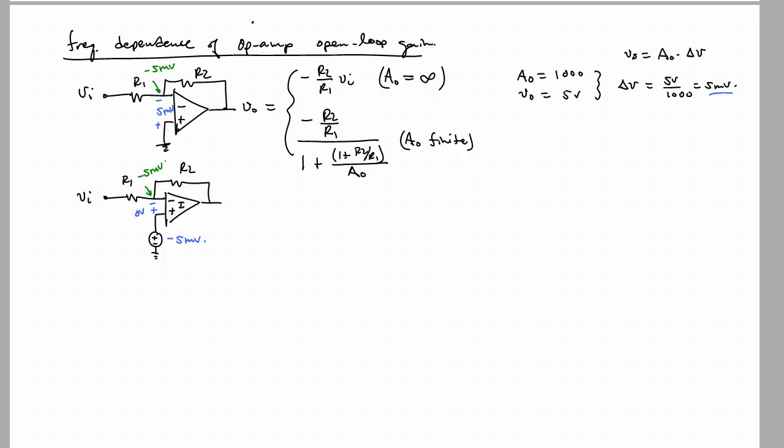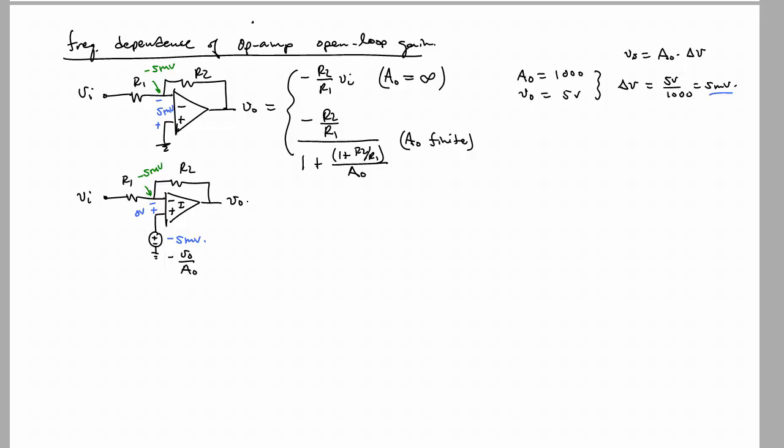So the only way we can do that is to set the non-inverting input to minus 5 millivolts as well, because after all, this is an ideal op amp, and V plus and V minus will be equal to each other. Well, where did 5 millivolts come from? 5 millivolts came from VO over A naught.